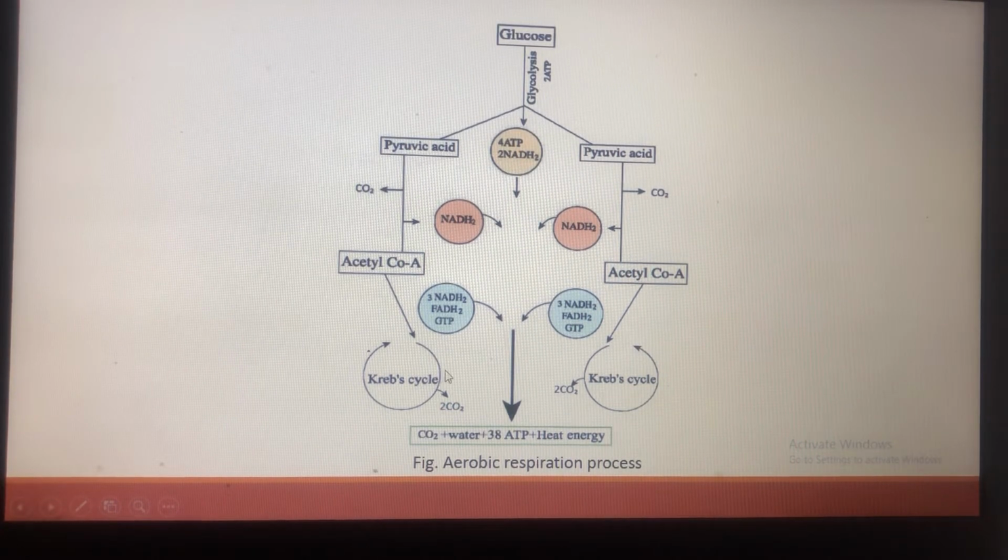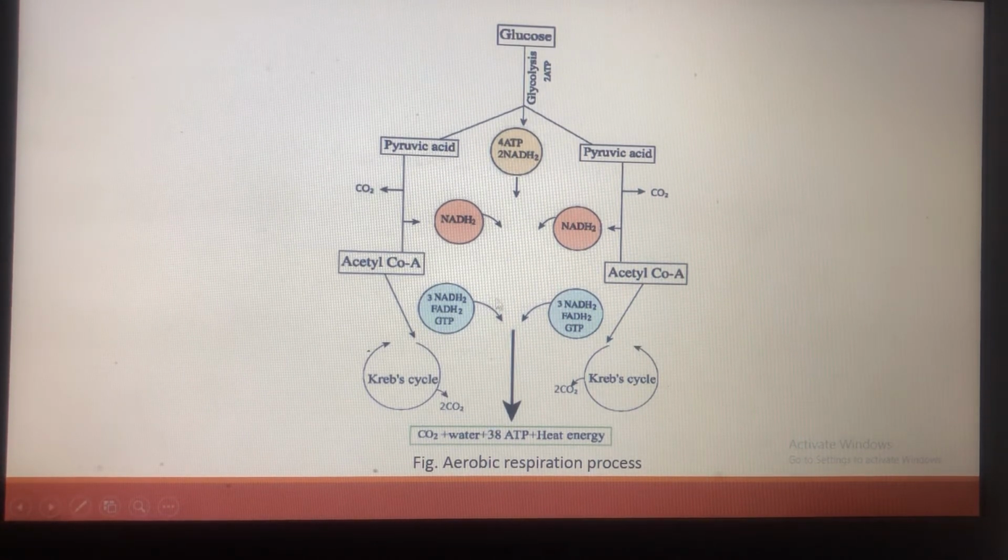These then enter into the Krebs cycle, where from each molecule of acetyl-CoA, 3 molecules of NADH2, 1 molecule of FADH2 and 1 molecule of GTP are produced, and in addition to that 2 molecules of carbon dioxide are produced. This is the cycle after which these are the products.